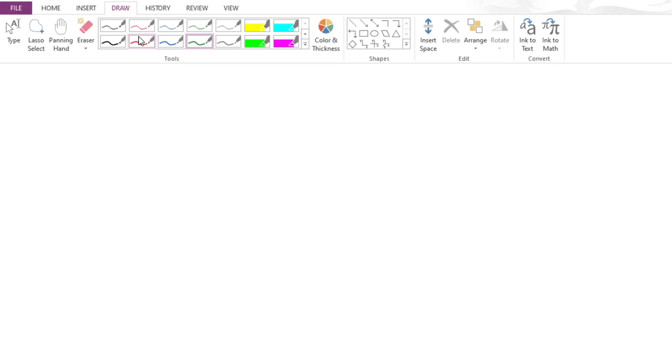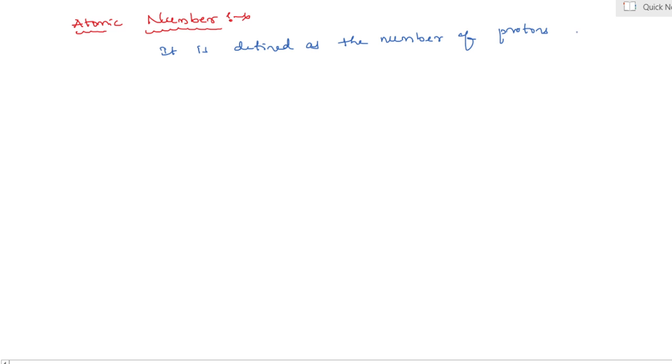The definition of atomic number: atomic number is defined as the number of protons present in the nucleus of an atom.